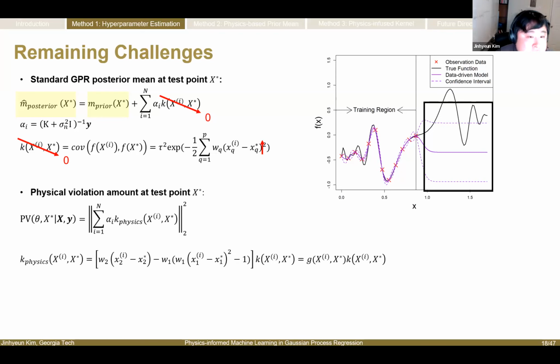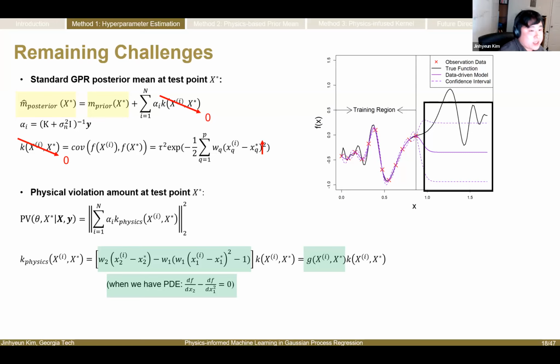Physical violation amount at test point x prime can be represented as this physics kernel if we have a linear PDE, for example, heat equation. This involves the green box, the combination of kernel hyperparameters, because the derivatives of the observation output involve the derivatives of the kernel.